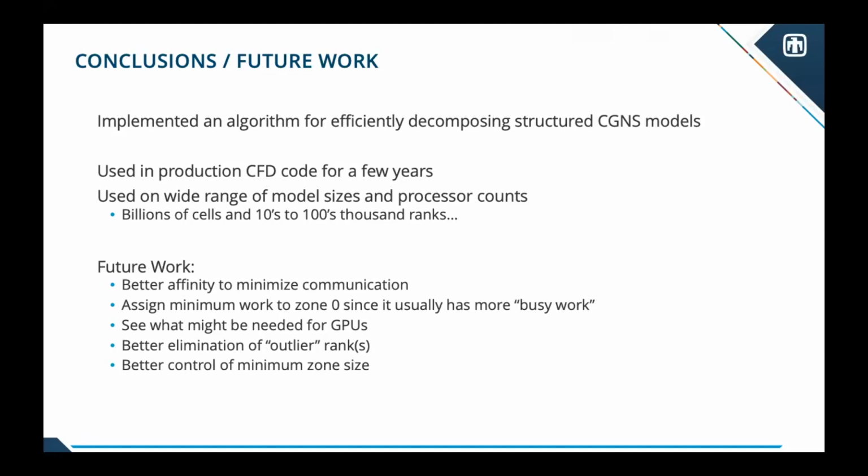We're looking at what will optimize this better for GPUs, since they have slightly different needs than splitting over regular CPUs. We also just want better control over some of the decompositions, but it's been working very well for us over the past probably 5 to 10 years that it's been in production.